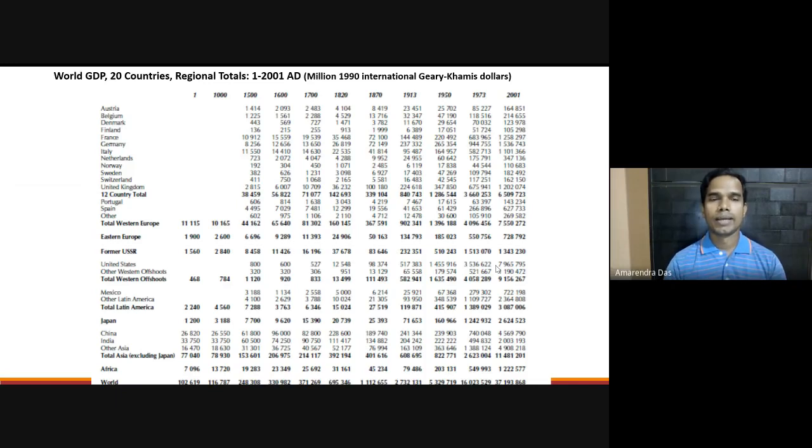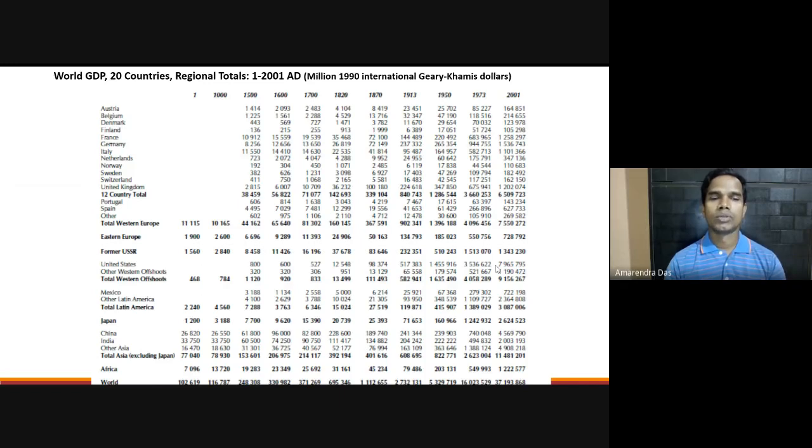So remember, by 1 AD, the world output was only 102.6 billion, and at that time India's total GDP was about 33 billion dollars.